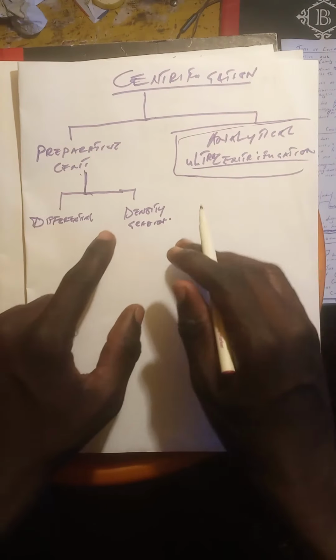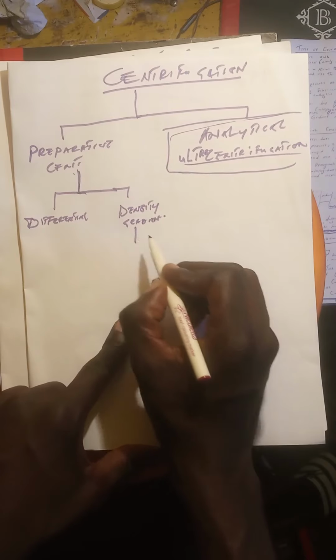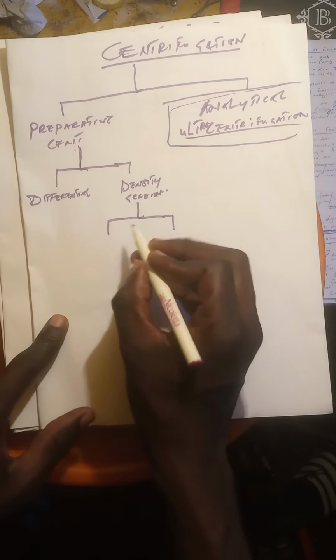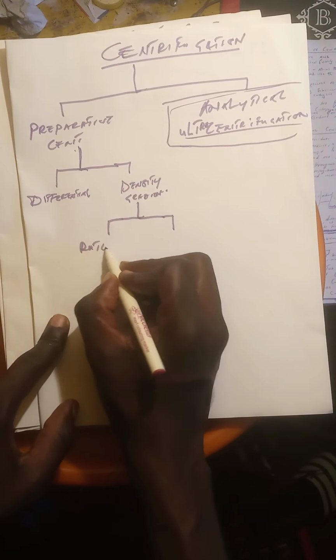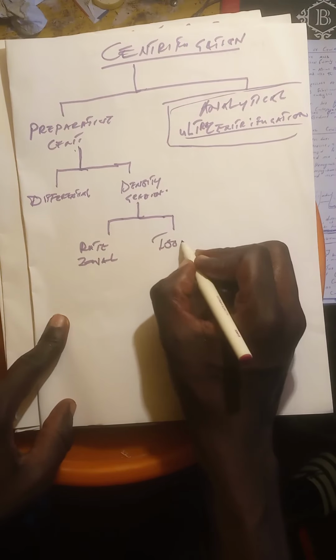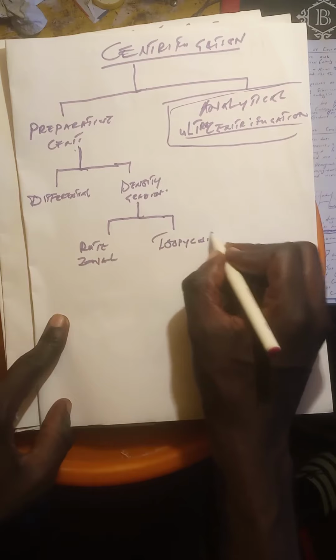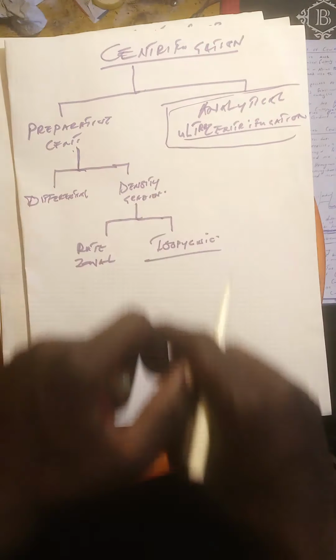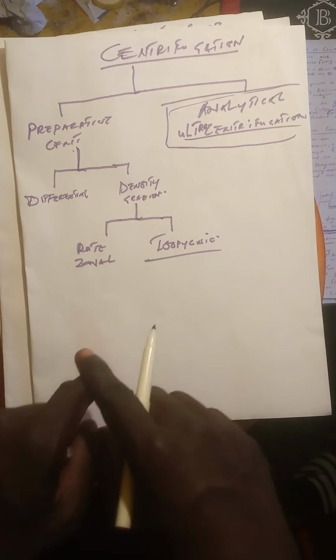This density gradient centrifugation can also be further subdivided into rate zonal and isopycnic. So this is the breakdown, how you can break this down from preparative divided to differential and density gradient. This density gradient is subdivided into rate zonal and isopycnic.